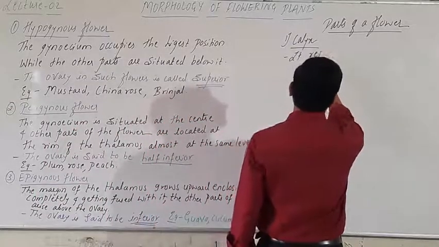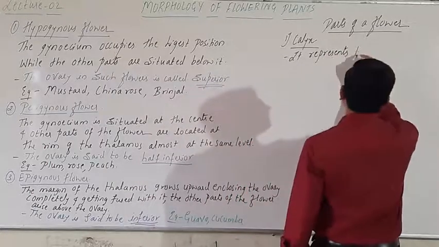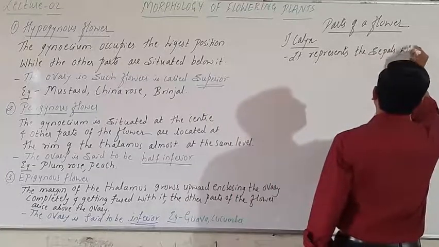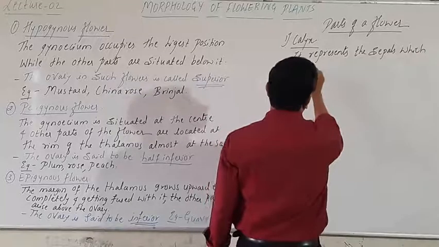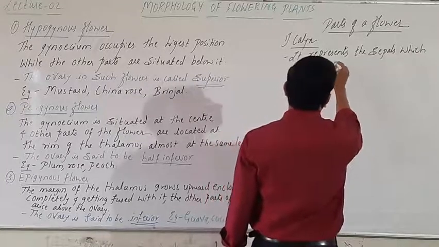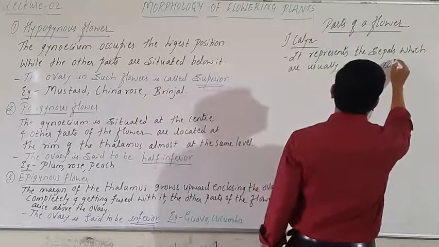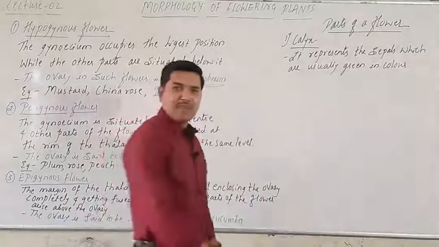It represents the sepals, which are usually green in color. So what is the main function of the calyx? It helps in protection.